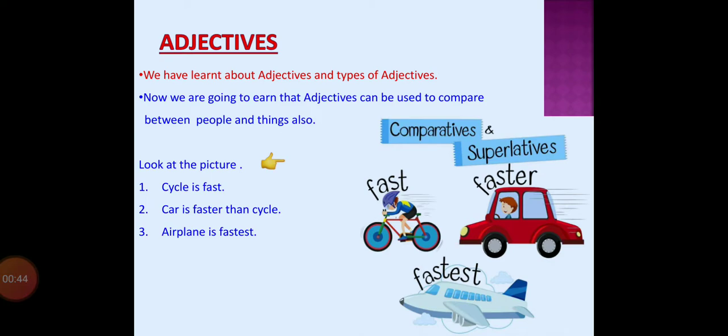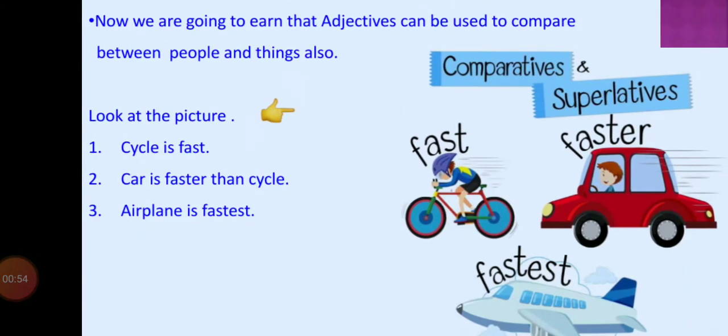Now you can see here are some pictures. You can see the difference between the pictures. Three sentences are there. Cycle is fast. But whenever you want to compare the cycle with the car, the comparison is going on between two nouns. To describe the cycle we have used the adjective fast.